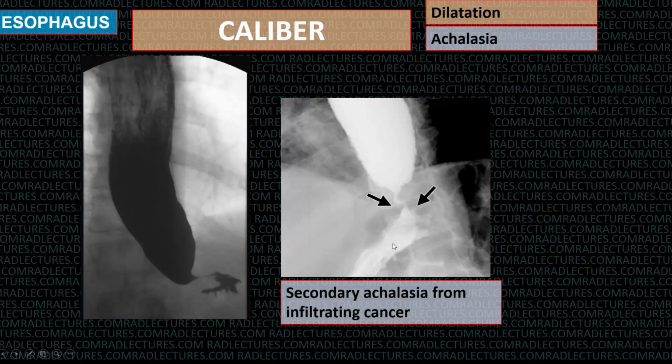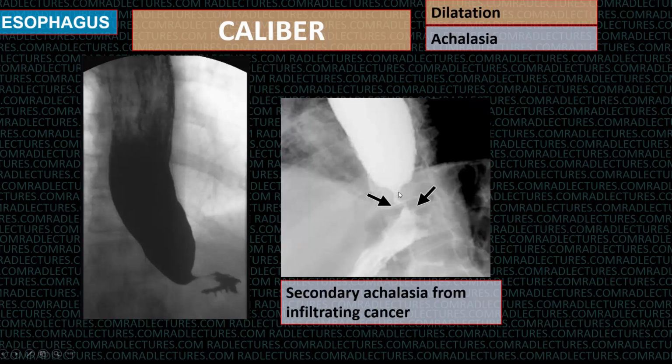So there are three things that will help you do that. One is that the esophagus may not be as dilated as in primary achalasia. Second, the history is usually less than 6 months in secondary achalasia. Why? Because if the patient has cancer, they are not going to live longer than 6 months, whereas in achalasia, it has been going on for many years.